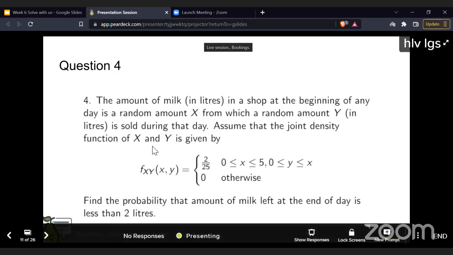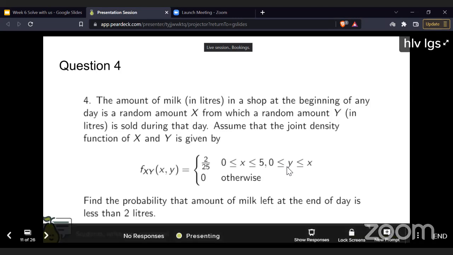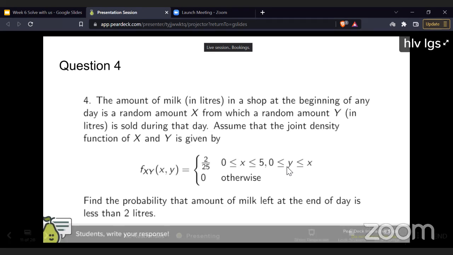Now you have to assume the joint density of X and Y as 2/25 for X varying from 0 to 5, and Y varying between 0 to X. Otherwise, it is 0. What is the probability that the amount of milk left at the end of the day is less than 2 liters?